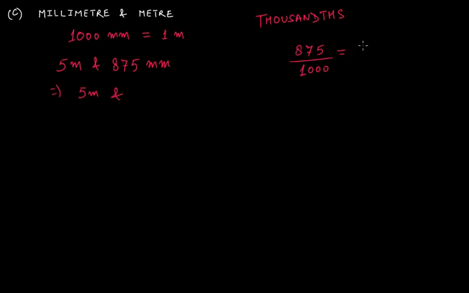And this will be equal to 0.875. So this will be 5 meter and 0.875. Just remove this one. Sorry, I should have written it this way. 5 plus 875 upon 1000.